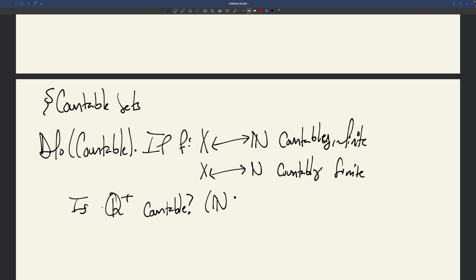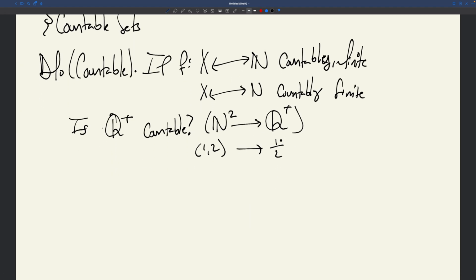Funny enough, we're going to be using our Cartesian product from N squared all the way to Q plus, in which we could just map, for example, oh, got ahead of myself. We can map (1, 2) over to specifically 1 over 2. There you go.